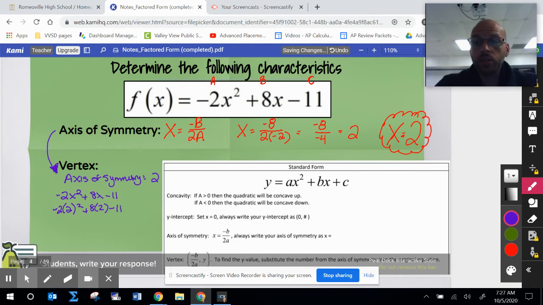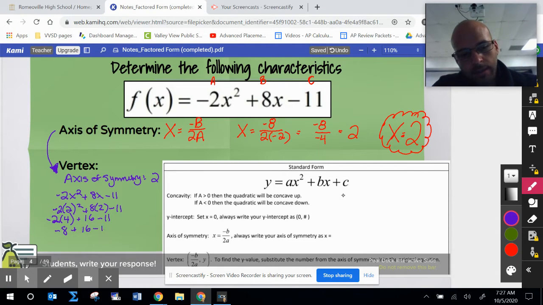So now I try to reduce. So I have a negative 2 times 2 squared, which is 4. 8 times 2 is 16, minus 11. So I would get negative 8 plus 16 minus 11.